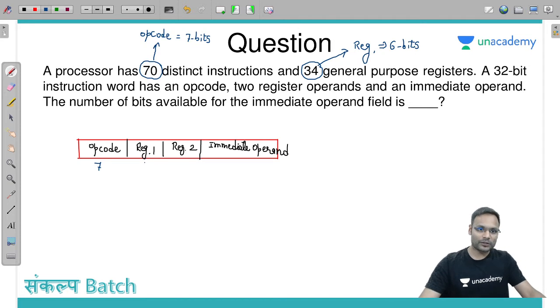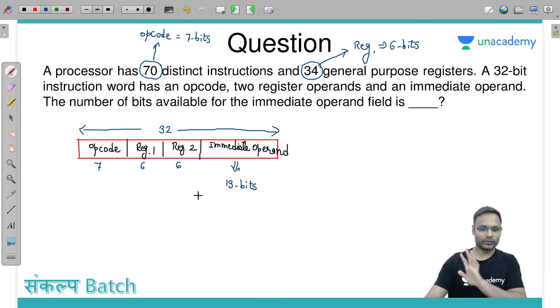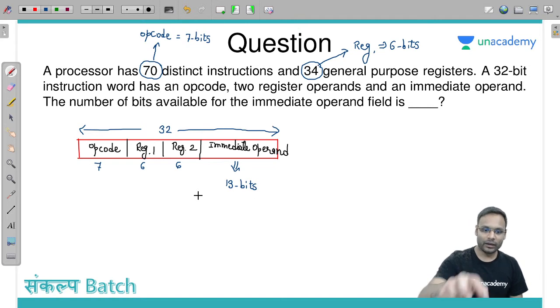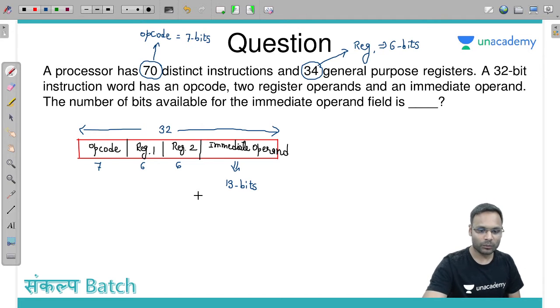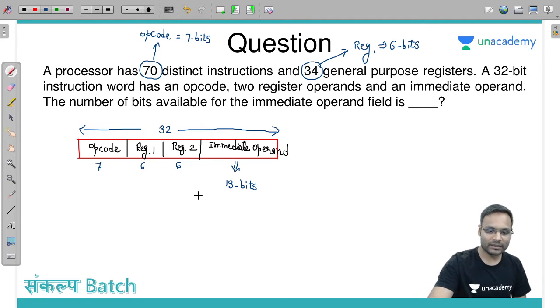Right? So 6 bits for register number 1, register 2 also 6 bits. Entire instruction is 32 bits. Then how many bits are remaining for immediate operand? 19 gone. Immediate operand is 13 bits. Got it? सिंपल है, बहुत सिंपल है यार. आप लोग बस समझते जाएं और बहुत इजी है.